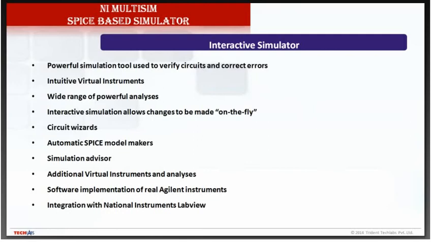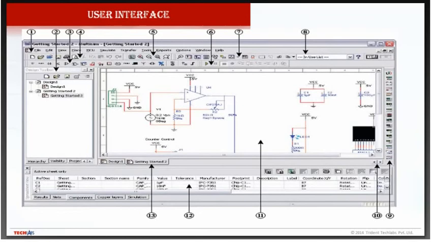This is the basic interface window of the Multisim software, where the circuit design has been made in the designing window. Then different options are there. The simulation button is there, graph view is there, instrument gallery is there, and the characteristics of the components we can change, or the properties we can change by clicking on the component and going to properties.